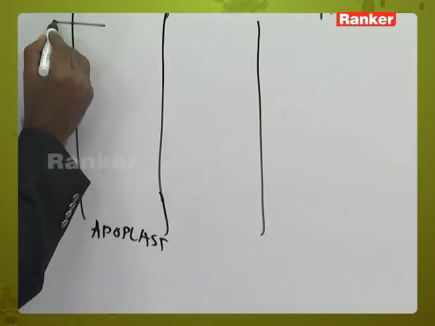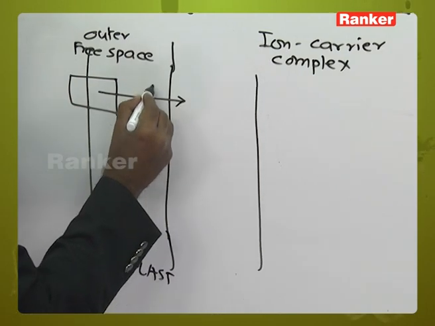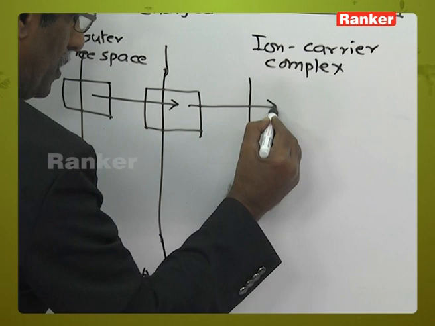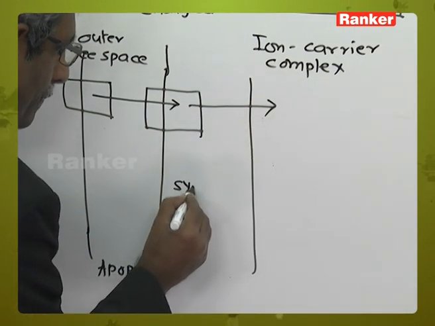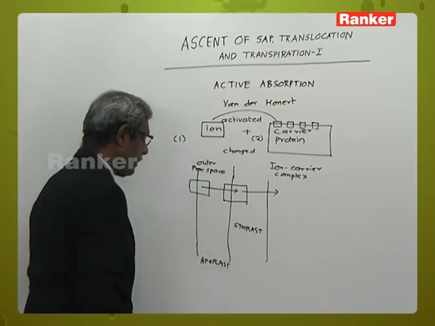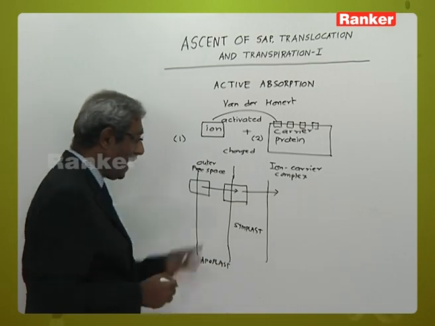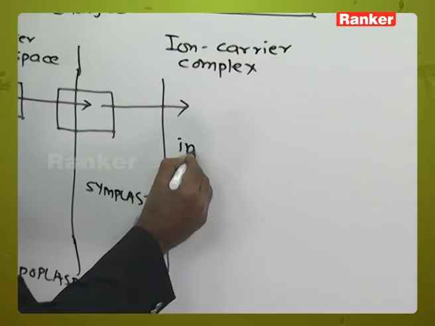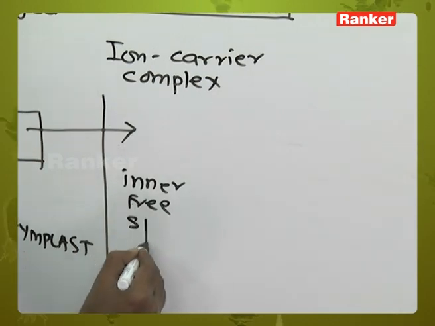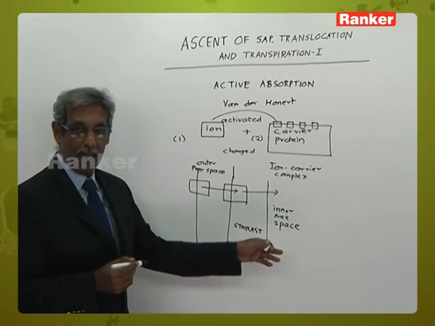So, the carrier concept can come over here and it can move via the apoplast and move through the symplast. It can carry the ions, it can shuttle between the outer free space, and this is termed as the inner free space. The inner free space is present within the cell.